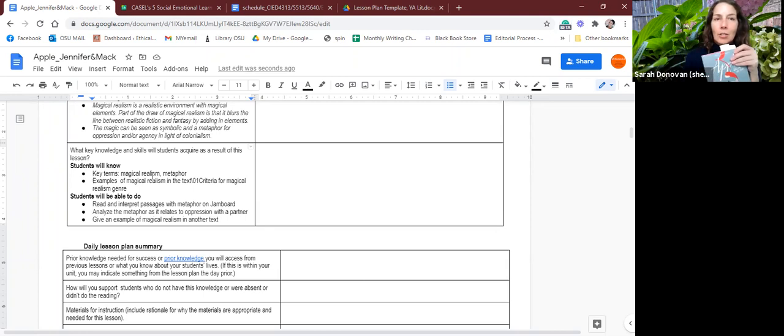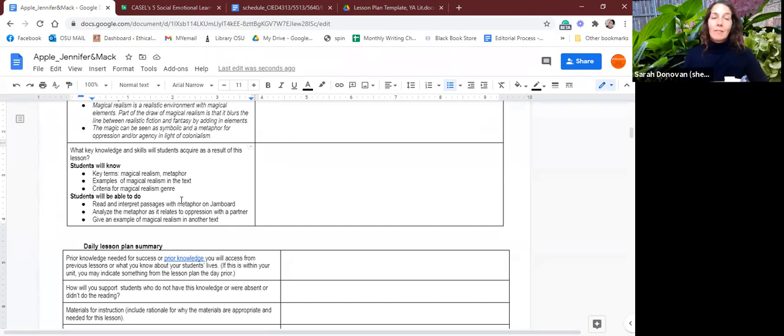You might want them to be able to identify examples, maybe criteria for historical trauma, or criteria for identifying imagery as it changes something. This is what your goal is going to be: what you want them to know, and what you want them to be able to do.